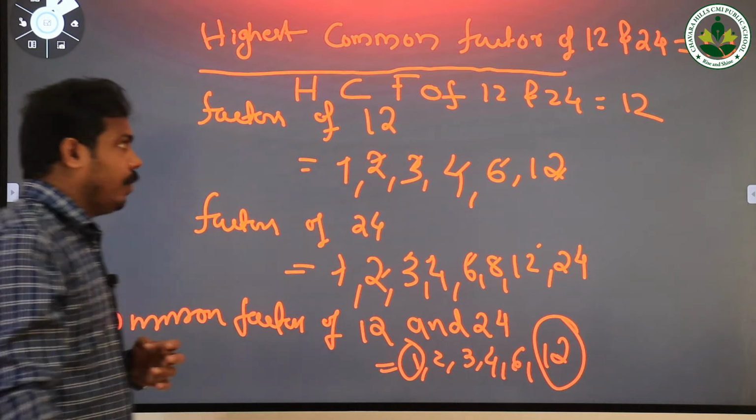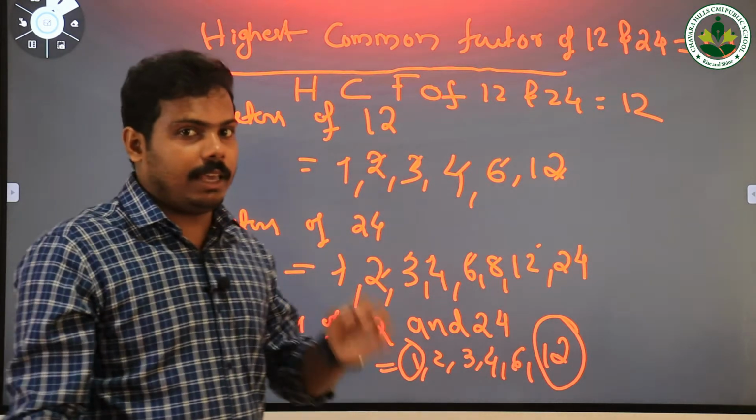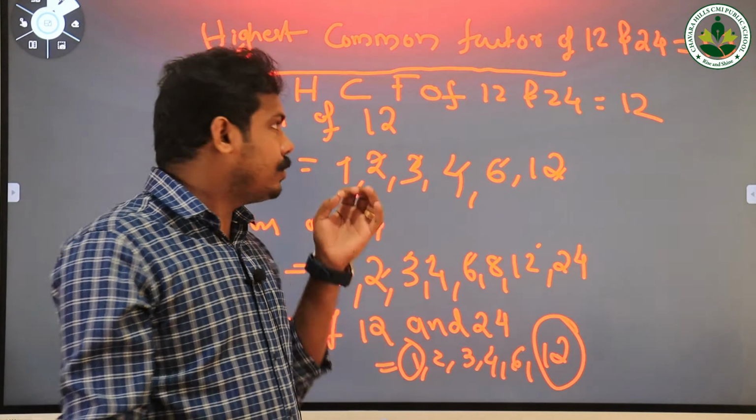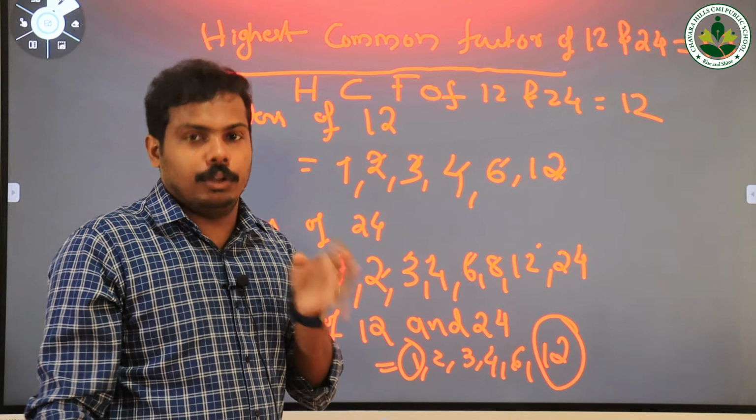The highest common factor of 12 and 24 is 12.